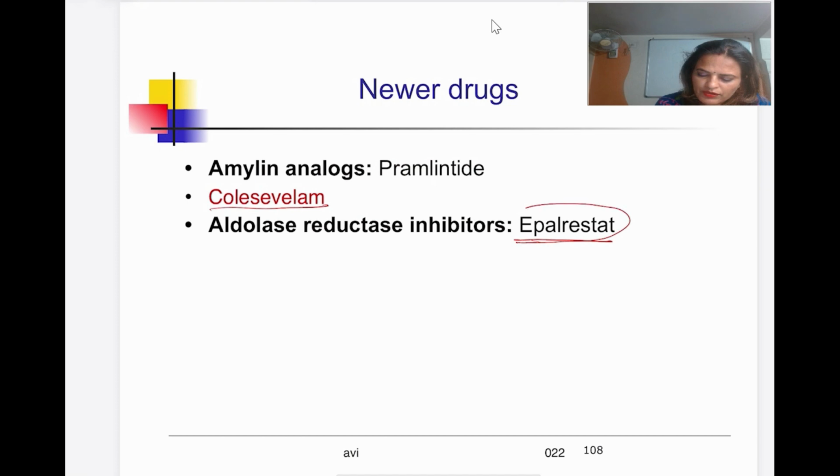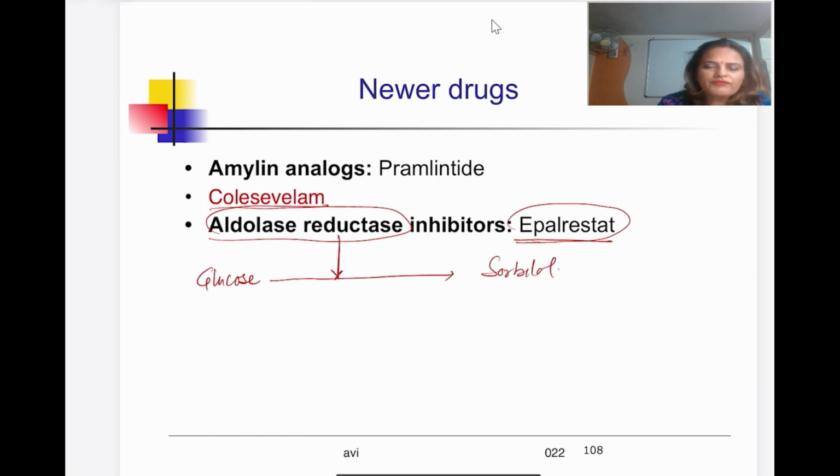Next one is epalrestat. Now, how is epalrestat going to act? It is an aldose reductase inhibitor. Now, what is the action of this aldose reductase? In a diabetic patient, because there is a huge amount of glucose, this gets converted into sorbitol with the help of the enzyme aldose reductase, and this sorbitol gets accumulated where?